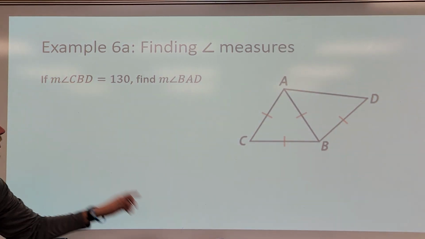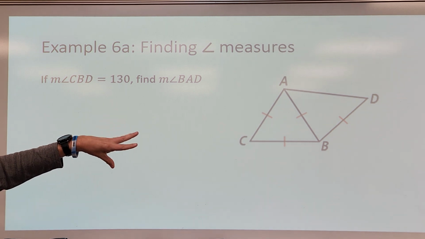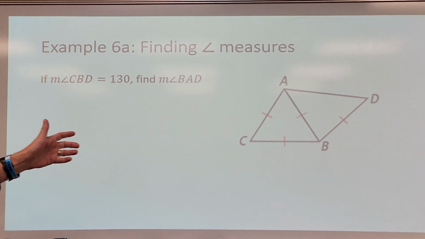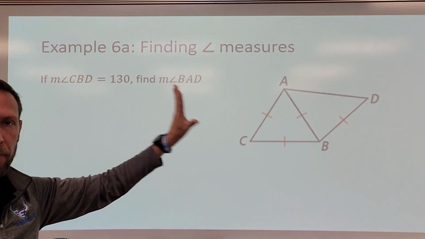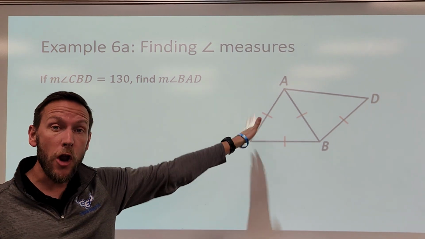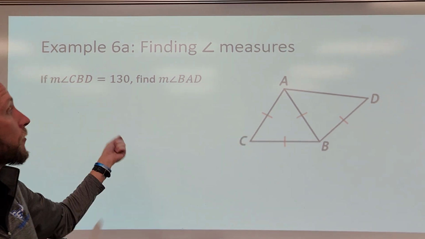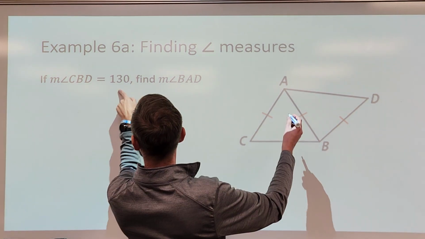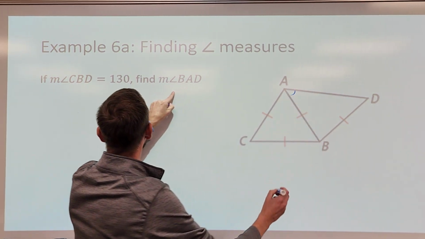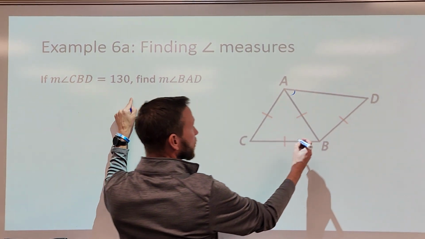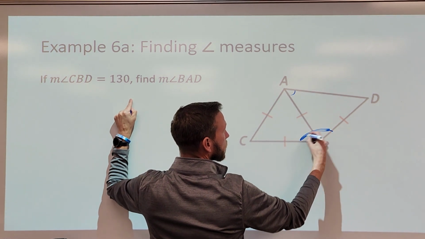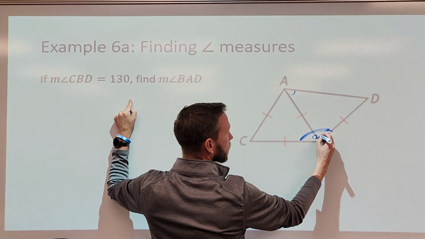So in this particular situation, we can find the measures of some of these angles, maybe even all of these angles, by reading the markings. All right? There's no numbers in this picture, but we can still find the measures of these angles. So it's asking to find the measure of angle BAD, and that's if we know that the angle CBD, this whole thing, is 130 degrees. All right?